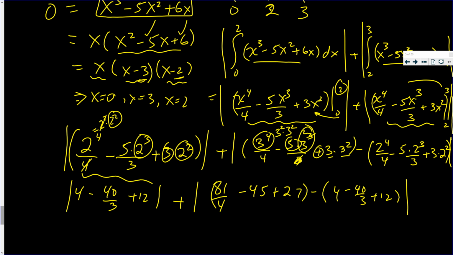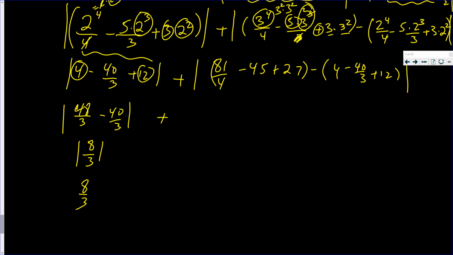Now, this here is 16. But 16 times 3 is 48. It's 48 over 3 minus 40 over 3. That's 8 over 3. Plus, this number is 20 and a quarter. Plus 27.